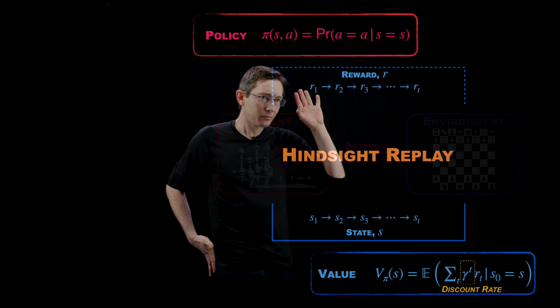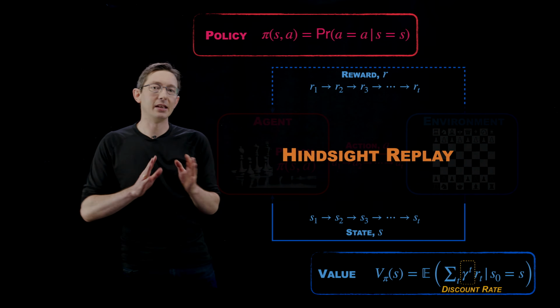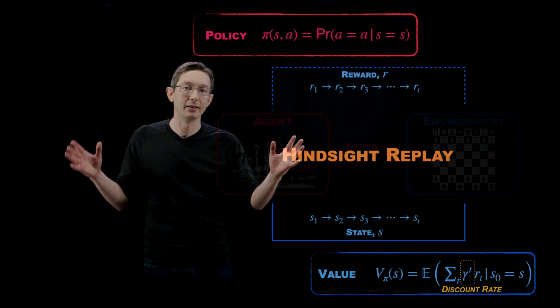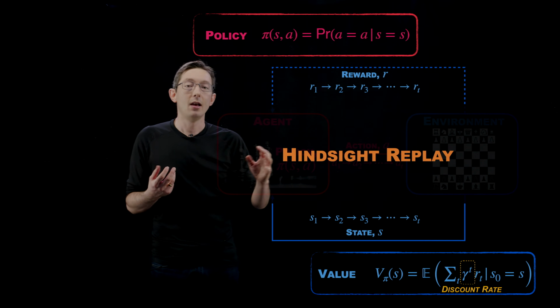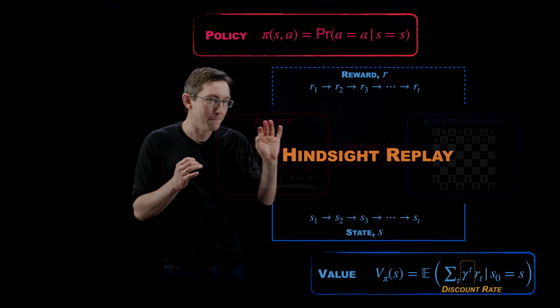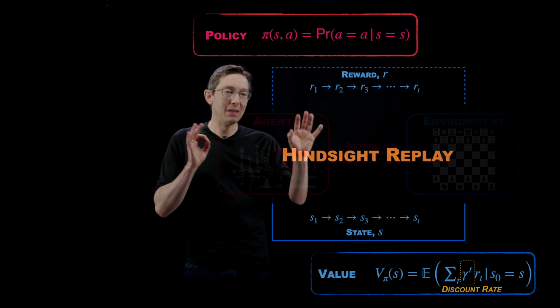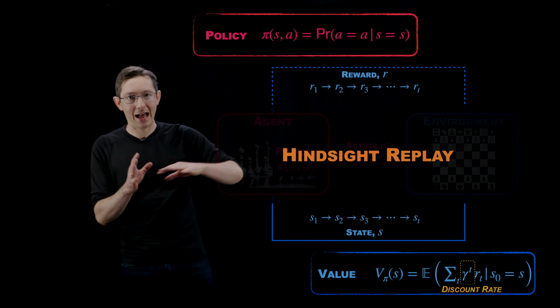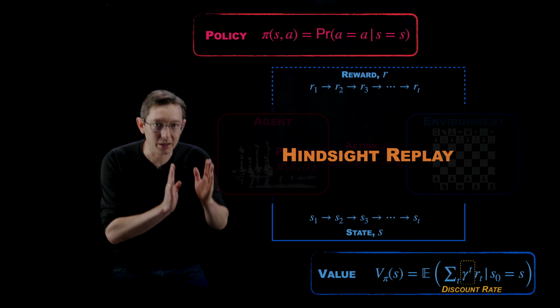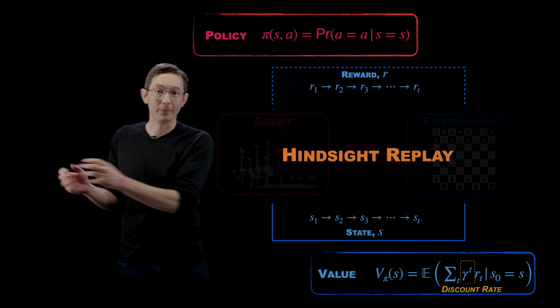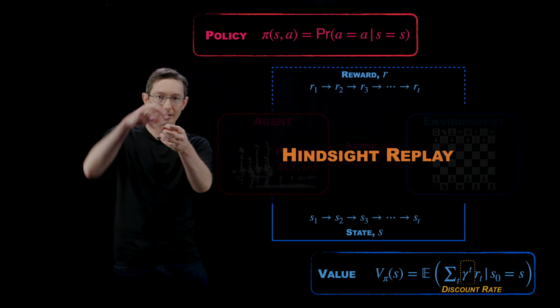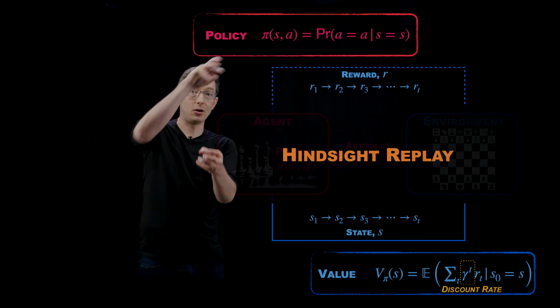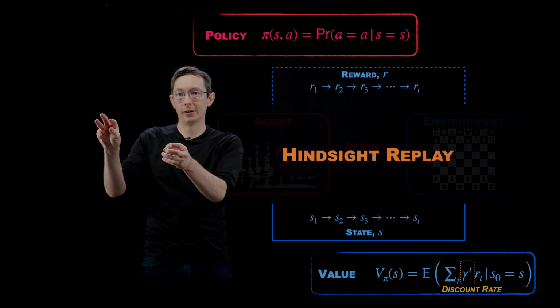So what you do in Hindsight Replay is, instead of throwing out all of the data that doesn't actually get you a reward, you say, maybe my set of actions would be good for a different reward. So maybe in that ball in a cup example, if I didn't get the ball in the cup, maybe the ball went over here.